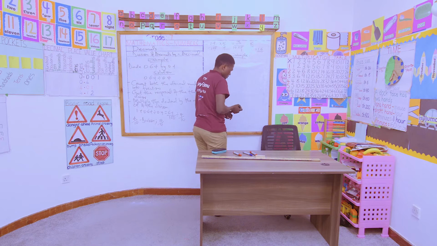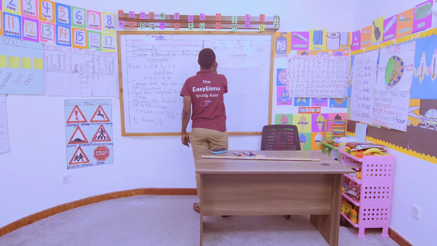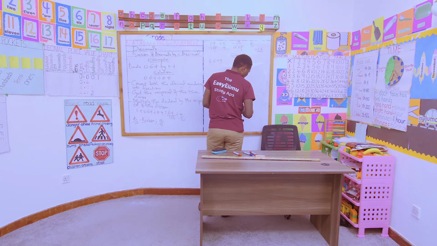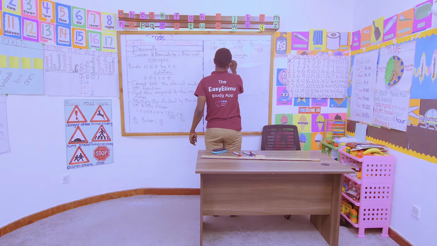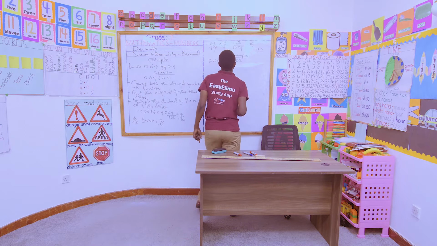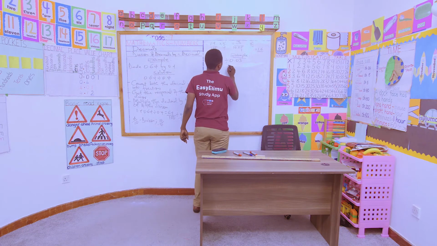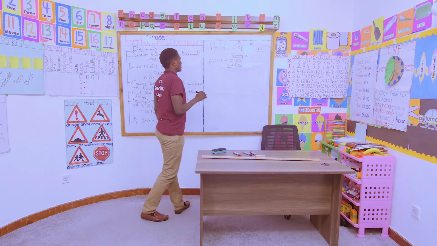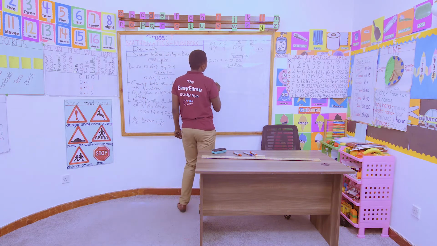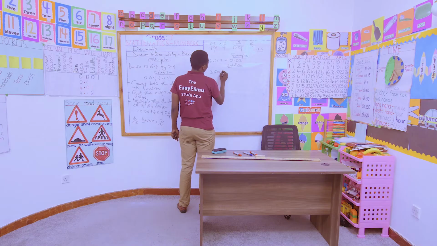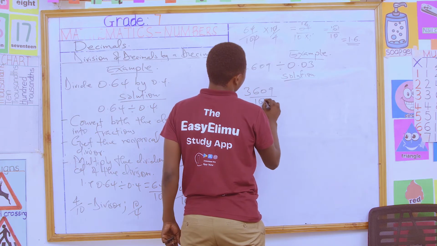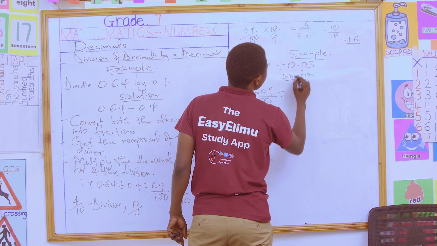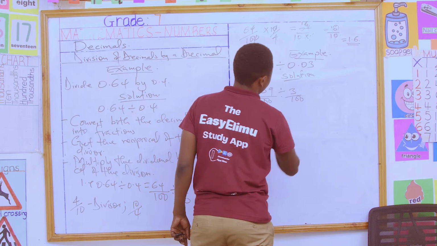Another example. You can have an example like 3.609 divided by 0.03. Solution: we just go about it the same way, convert all this into fractions. So this will be 3,609 over 1,000 divided by 3 over 100.